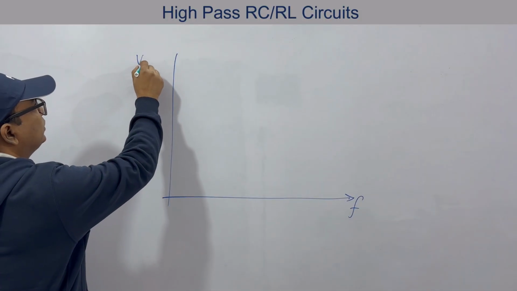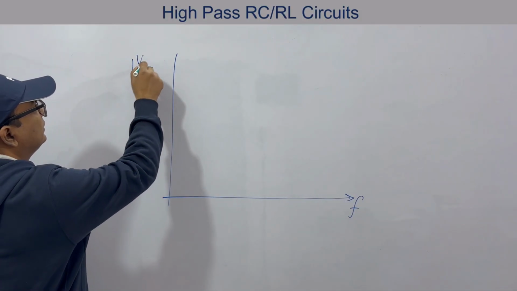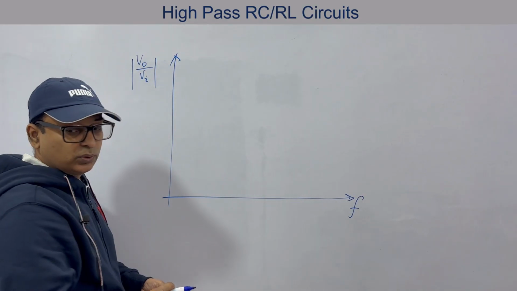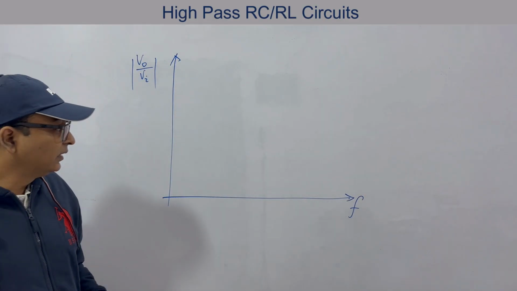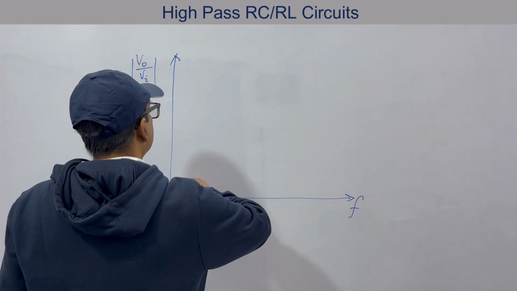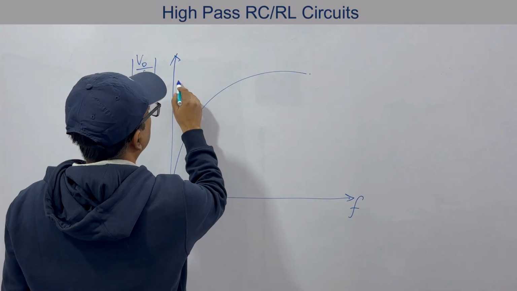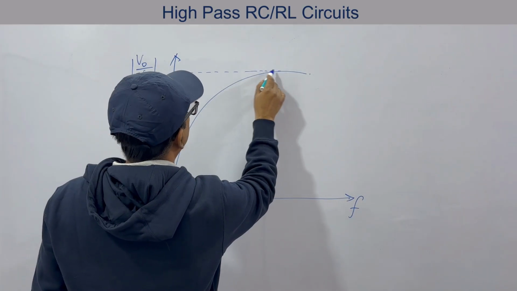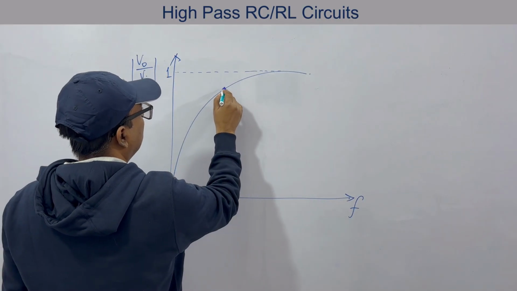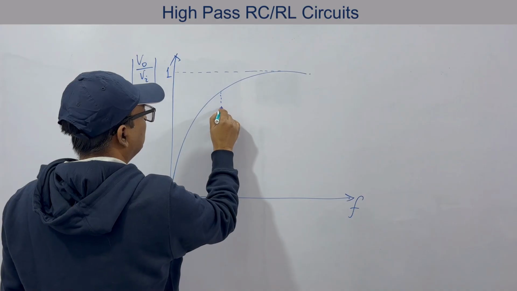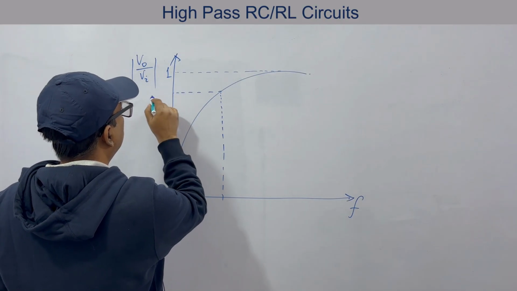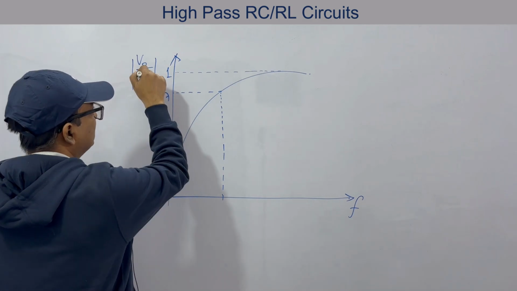And this is V0 by Vi. So this side we have this gain and this side we have frequency. So this is gain versus frequency curve. You'll see this is like this. That is, if this is 1, V output to V input, if this is 1, you'll have this point which is about 0.707 of this ratio.